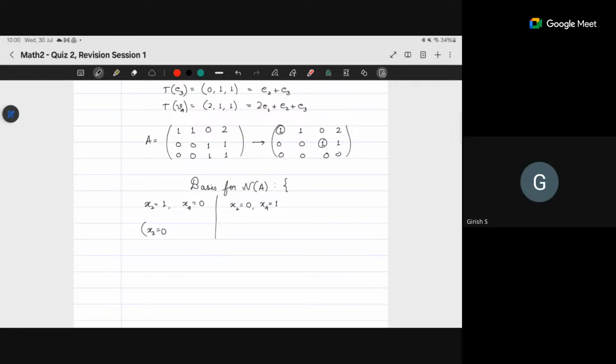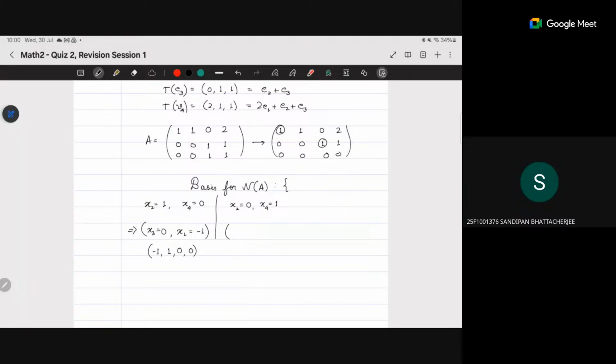Verify that this happens. So the solution is -1, 1, 0, 0. This is one of the basis vectors.